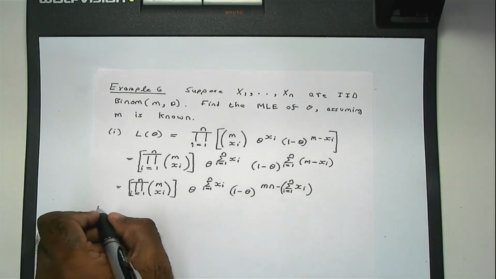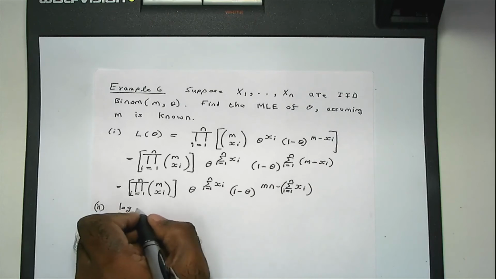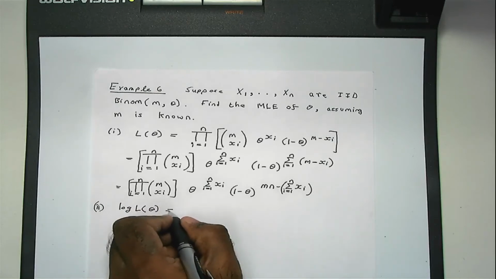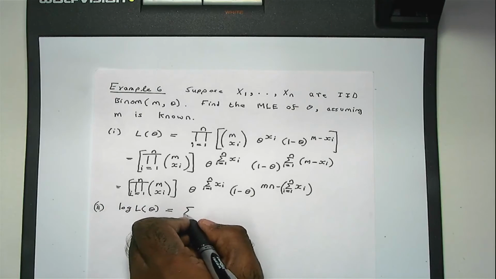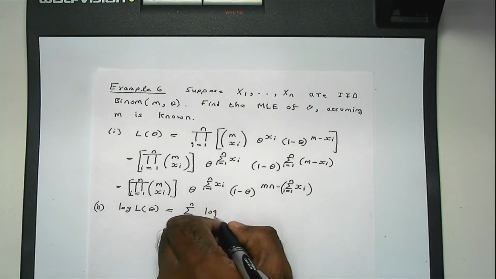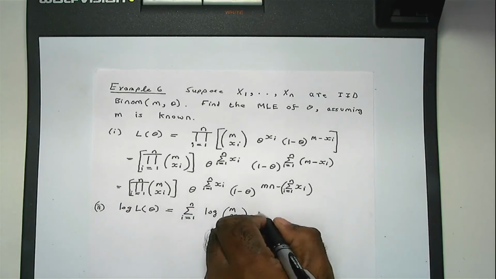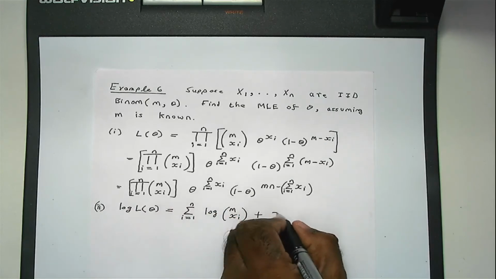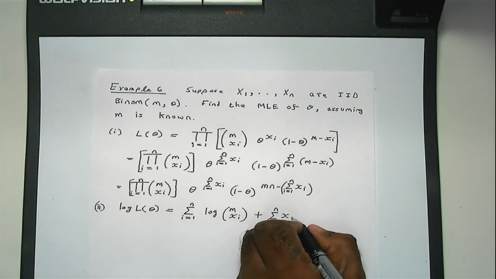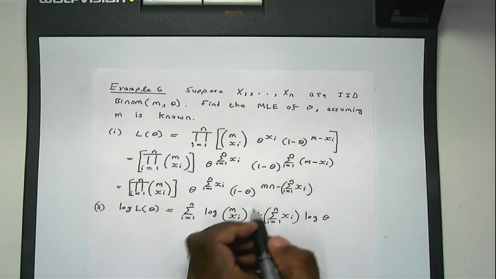And step number 2 is to take the log of the likelihood. So it's the log of this. That will give you the following, plus the log of this term, and the log of this term.